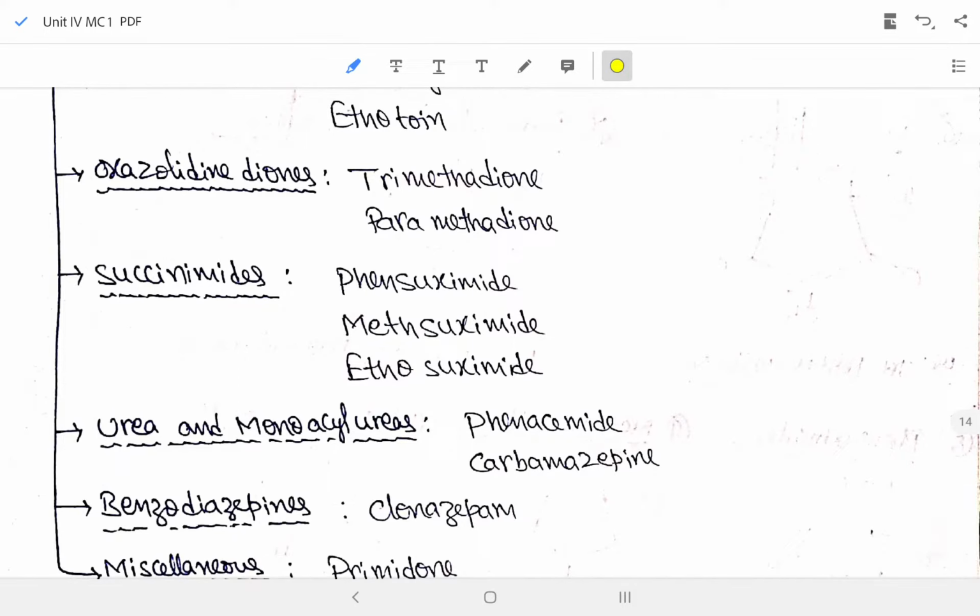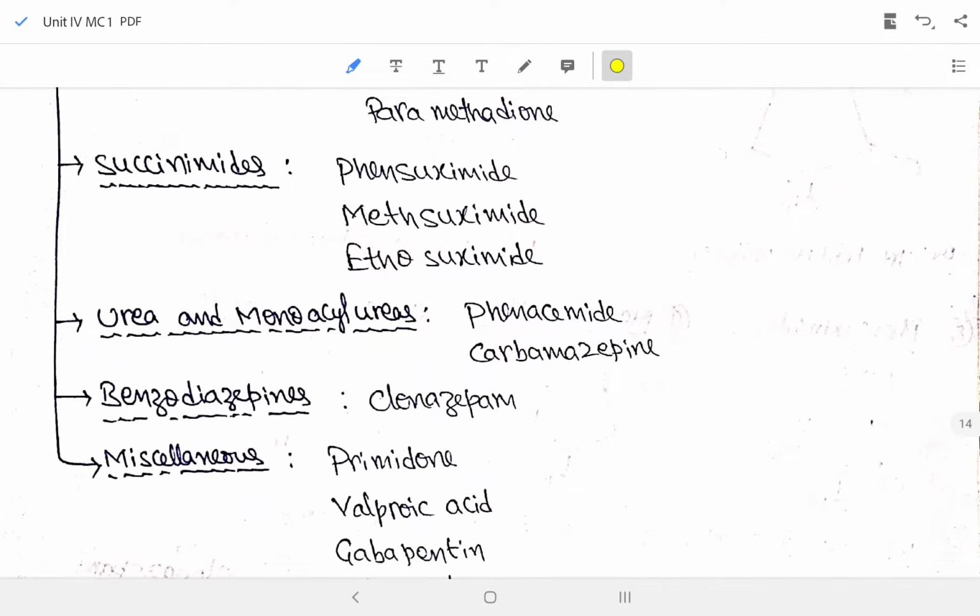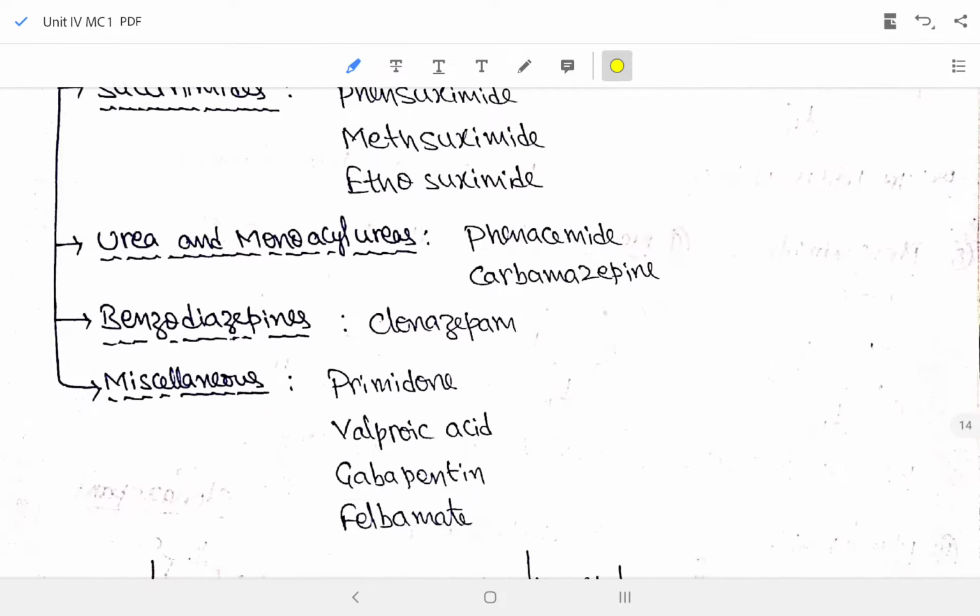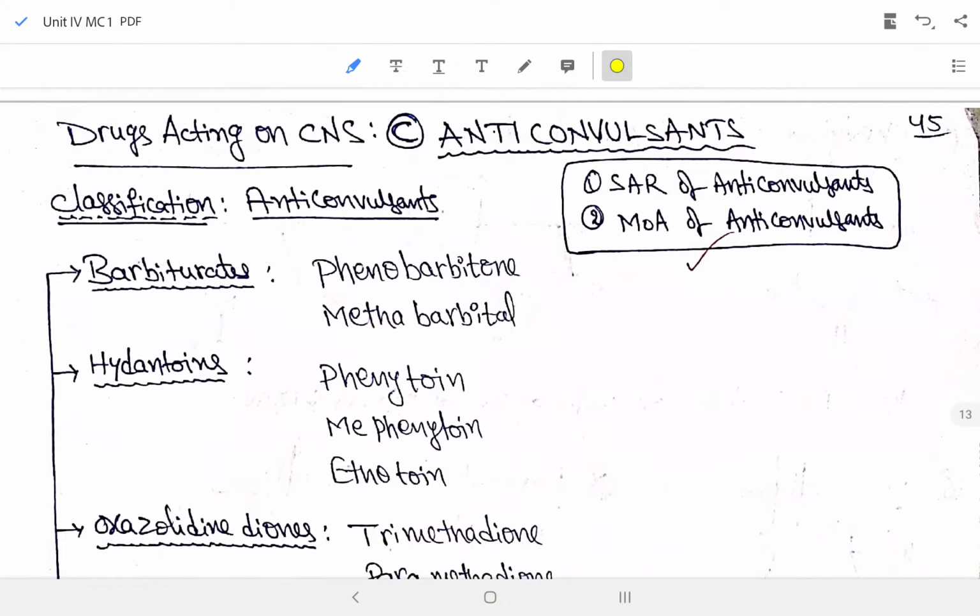Succinimides: phensuximide, methsuximide, ethosuximide. Urea and monoacyl ureas: phenacemide, carbamazepine. Benzodiazepines: clonazepam. Miscellaneous agents include primidone, valproic acid, gabapentin, and felbamate.